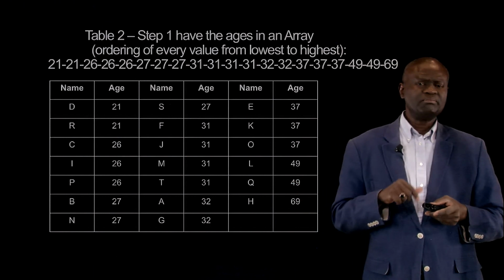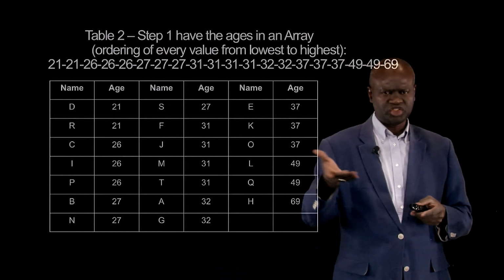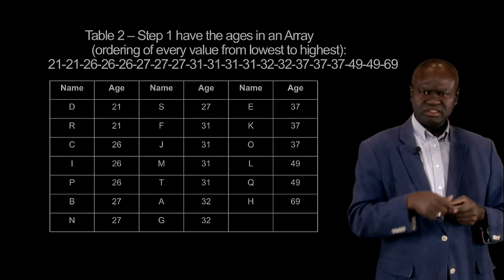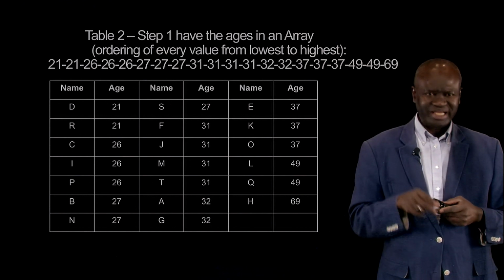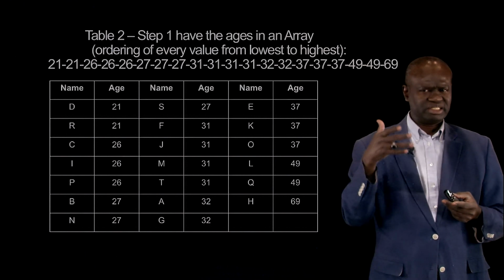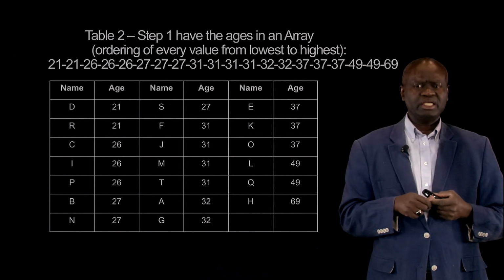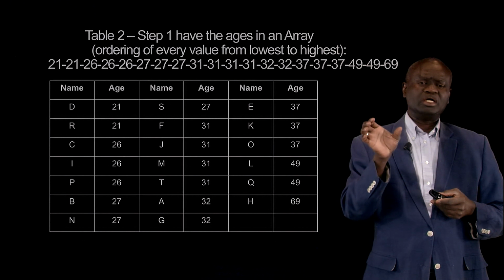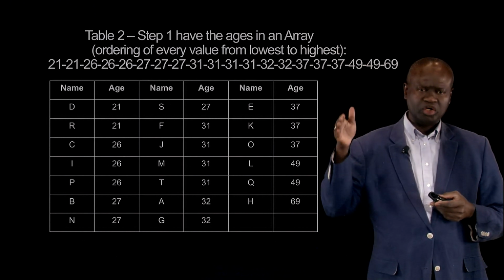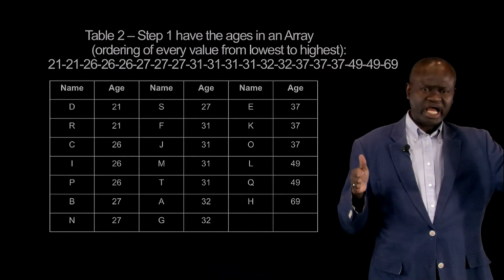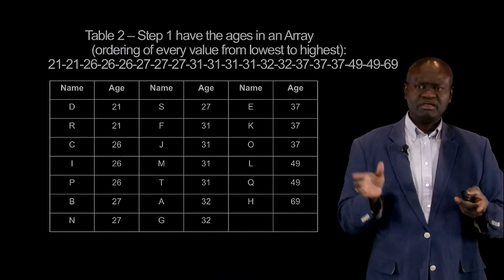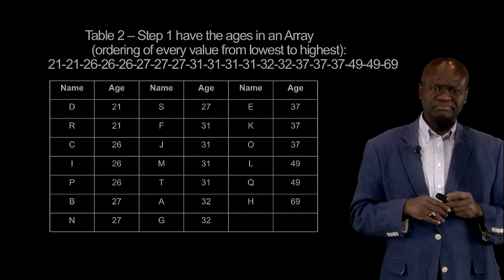Because if there was someone who was age 22, if I look at the listing and I don't see 22, right there, I can understand that I made an error. So I suggest that you use the lowest number towards the highest number. You organize them in an array from the lowest to the highest number.